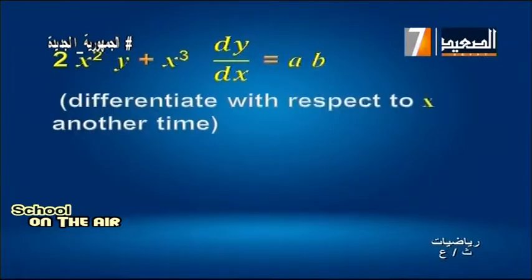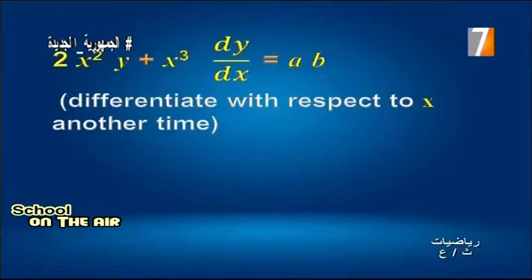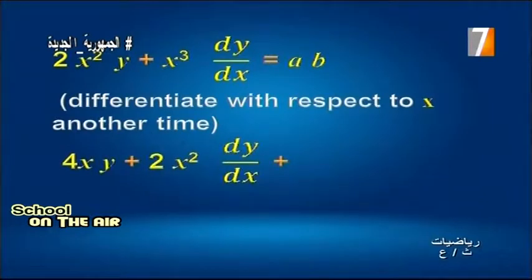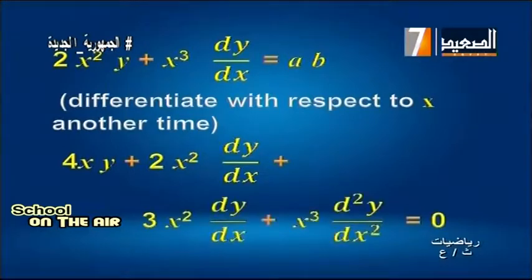Then if we differentiate both sides with respect to the variable x another time, the derivative of 2x^2 y is 4xy plus 2x^2 dy/dx, plus the derivative of x^3, which is 3x^2 dy/dx plus x^3 times the second derivative of y with respect to x, d2y/dx^2, equals the derivative of the right hand side, a times b, which is a constant. Then the derivative of a times b equals 0.